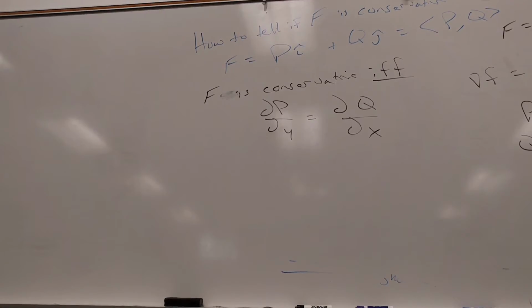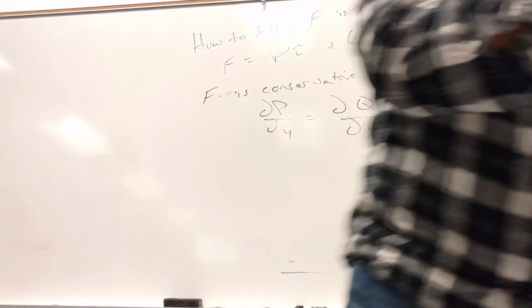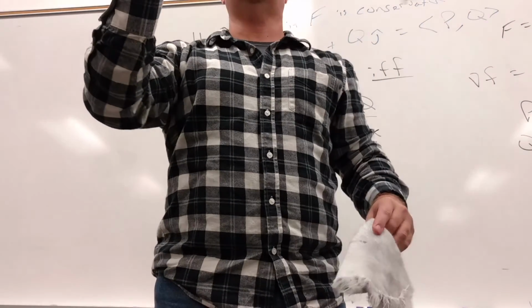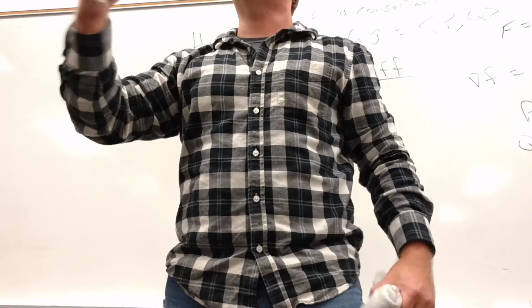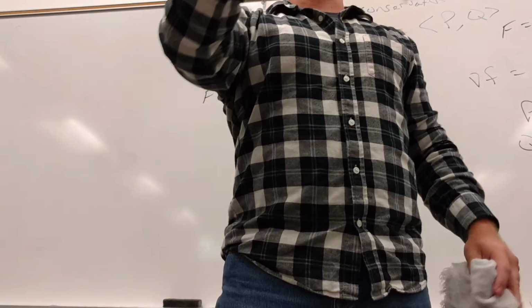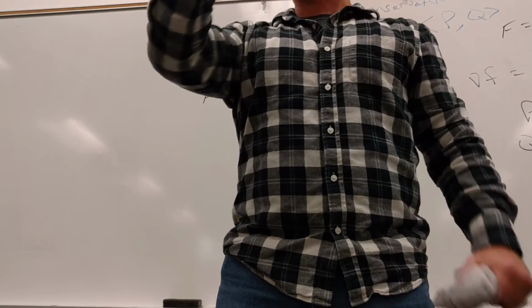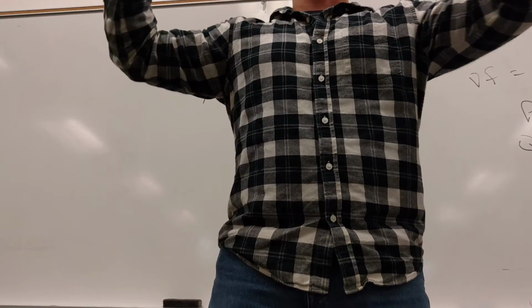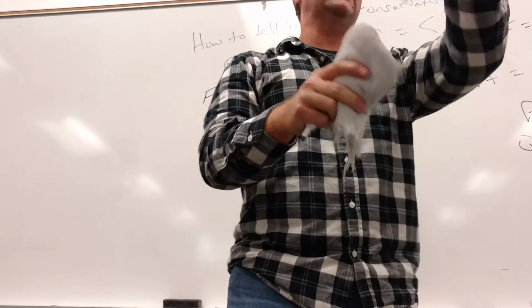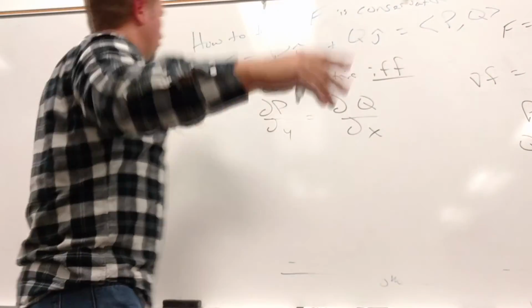All right, let me build up to that. Because if I'm given a vector field and I show that it's conservative, how do I use the fundamental theorem for line integrals? How do I use it? I have to find f. I have to find little f. So let's focus on that for right now.